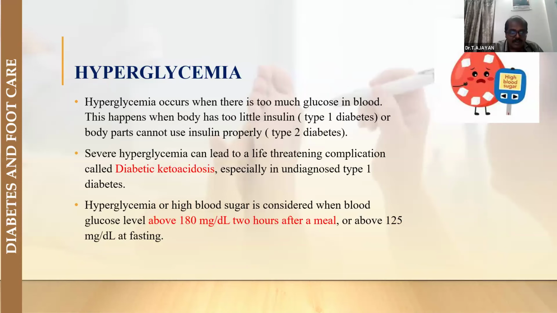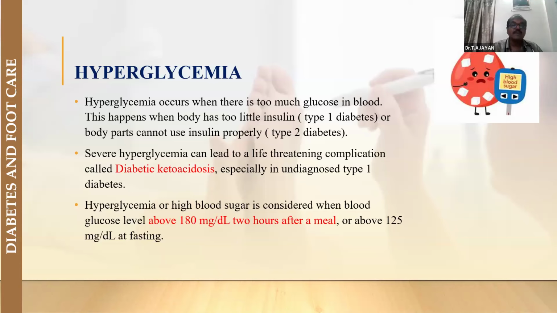First we will work through the acute complications. The acute complications we mainly focus on are diabetic ketoacidosis and non-ketotic hyperglycemic state. These happen when the body has too little insulin, as in type 1, or the body cannot use insulin properly, as in type 2 diabetes mellitus.